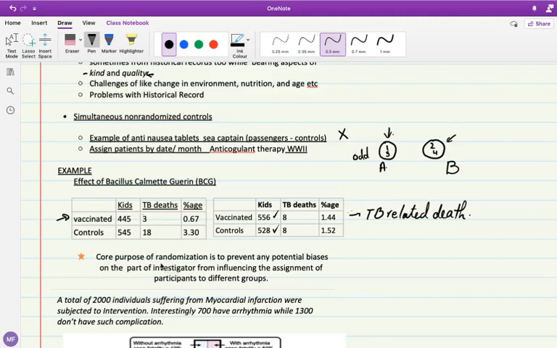So that power of decision should be kept secret from the investigator as well, so that randomization is attained.